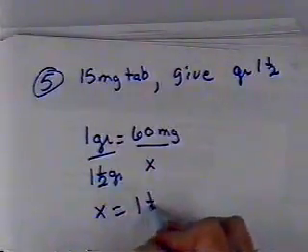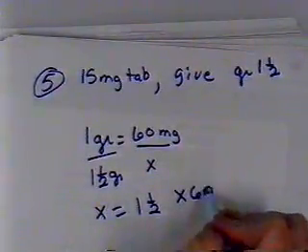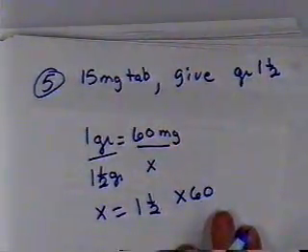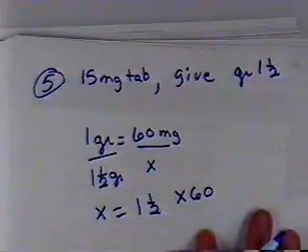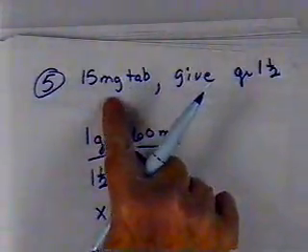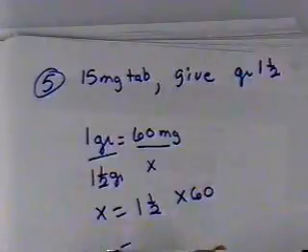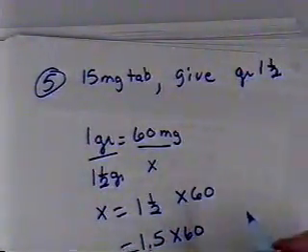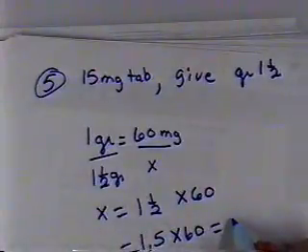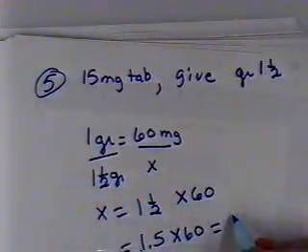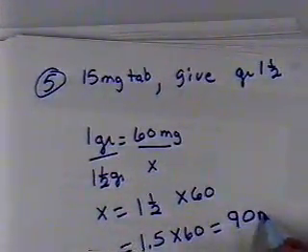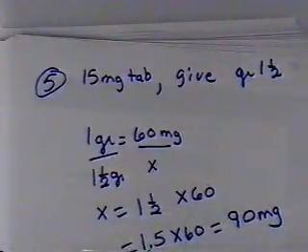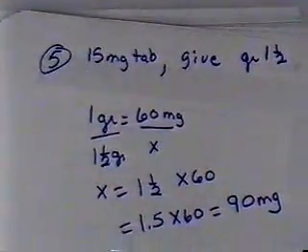So X is 1 1/2 times 60. Now you can multiply it as a fraction, but since we are converting to the metric, you can take your calculator and go 1.5 times 60. That's another reason to always go to the metric, is so that we can use our calculator.